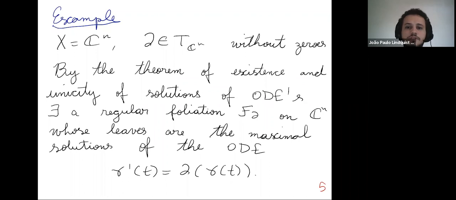Through each point of C^n, I can find one and only one curve which is tangent to this vector field. And locally, the solutions of this ODE are given by a submersion. So this is the classical prototype of a foliation. This is a rank 1 foliation too.